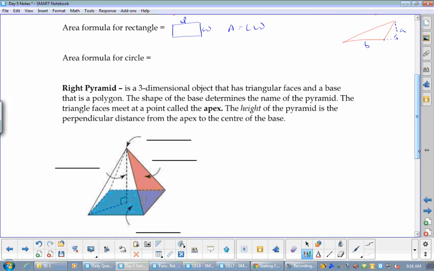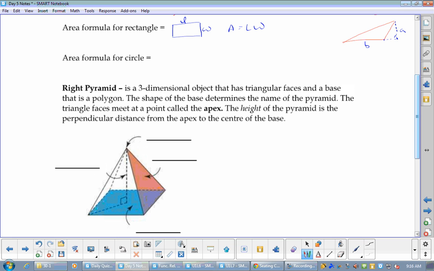So there's our right pyramid. Mine's in color, there are different shades of gray, but it's a three-dimensional object that has triangular faces and a base that is a polygon. It doesn't have to be a square. We're thinking Egyptian pyramids when we think of a pyramid, but there is the hexagonal base pyramid, a rectangular base pyramid, and even a circular-based pyramid.